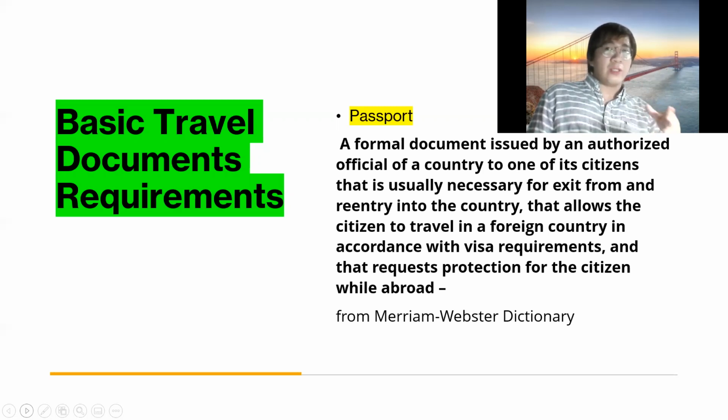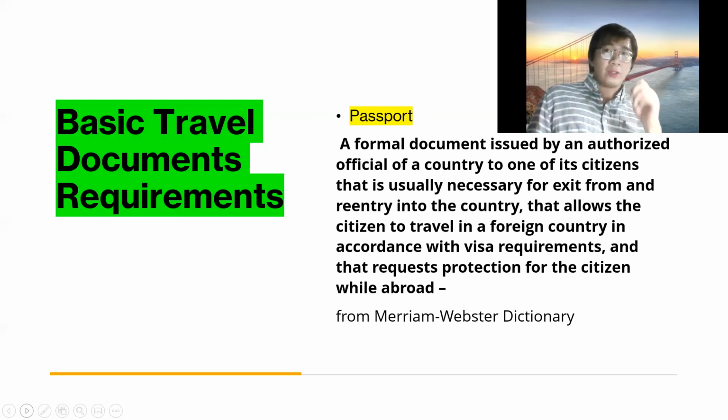Meaning the Schengen visa issued in Italy is valid whenever you visit Spain. So it's the same visa. Basically, that's the agreement there.